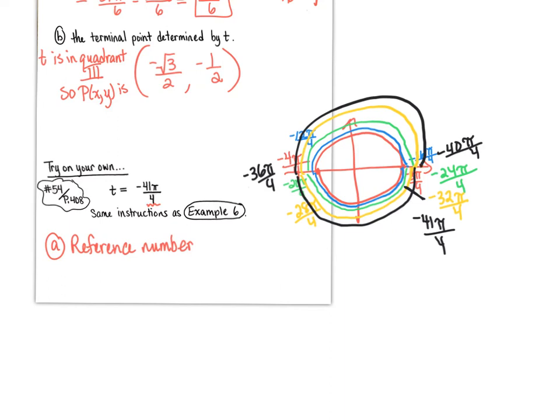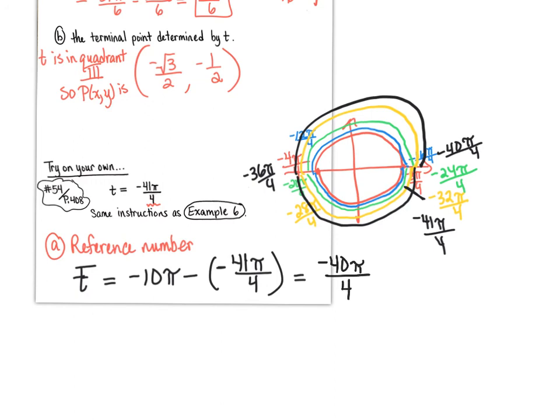So our reference number, t bar, would be equal to negative 10 pi minus, and this is where you use t, minus negative 41 pi over 4. So that's equal to negative 10 pi, which with the denominator of 4 is the same thing as negative 40 pi over 4.